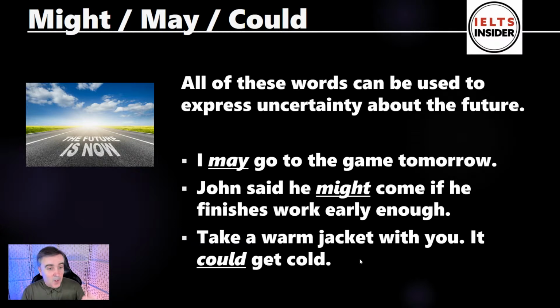We don't know what is going to happen in the future, but this is possible, or this is possible, or this might be possible. So these are words when we want to talk about the future, but we are uncertain. We don't really know what's going to happen, but this is a possibility.